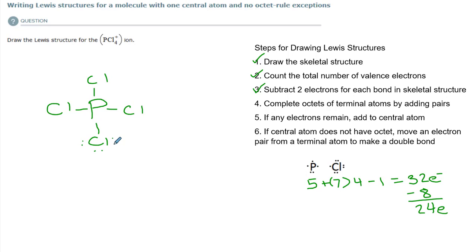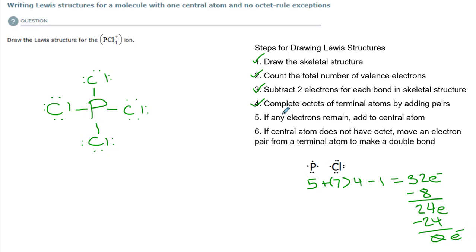I'm going to put 3 pairs, so now I have 2, 4, 6, 8 electrons around this chlorine. I'm going to do the same thing to the other 3 chlorines. Each chlorine got 6 electrons, so 6 times 4 is 24, and I have just spent 24 electrons. So when I go to balance my checkbook, I subtract the 24 electrons that I just spent, and now I have no more electrons left.